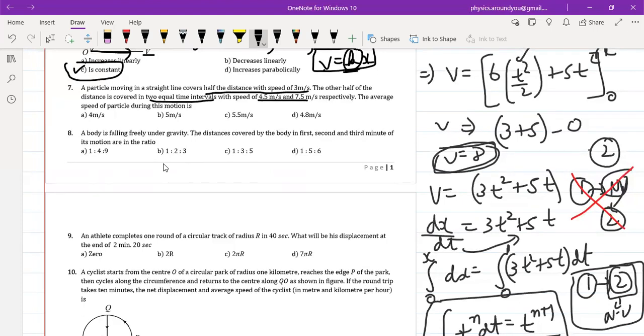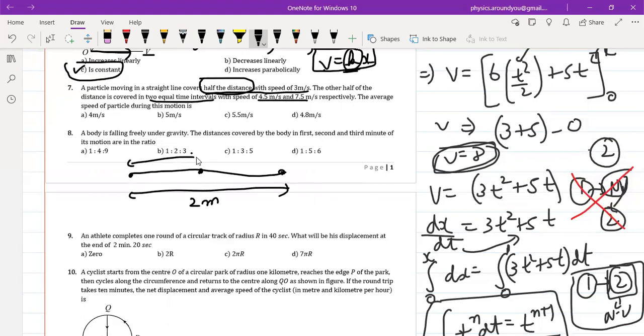The best way to deal with all these things is, if they have given half the distance, always go for 2 meters. Let the total distance be 2 meters. Reason: half of two is just one. So I can just say the first half distance is 1 meter, the next half distance is 1 meter.